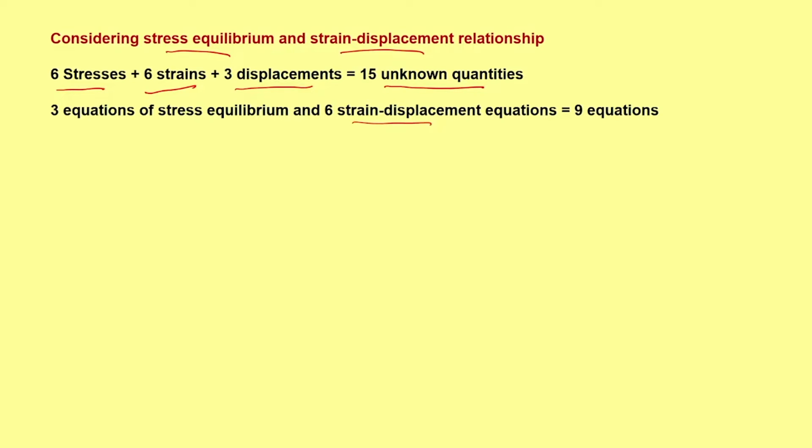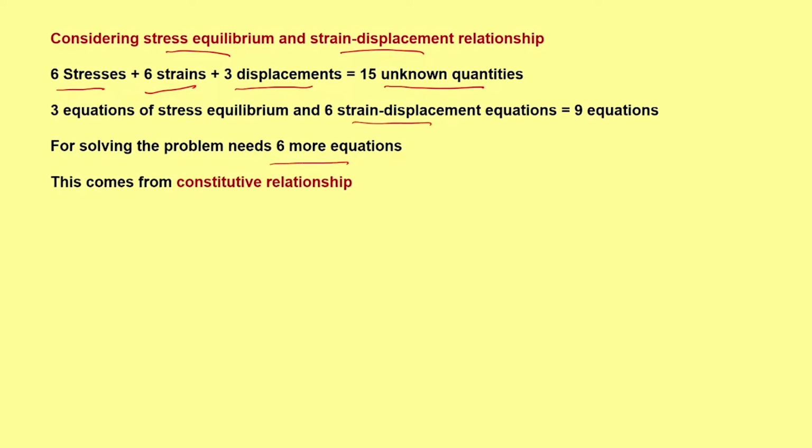Again, the number of equations is way less than the unknown quantities. So, for solving the problem we need 6 more equations, and these come from the constitutive behavior or constitutive relationship. We need to connect stress and strain, or cause and effect, because that process will give you the additional 6 equations with which one can solve the given geomechanical problem.